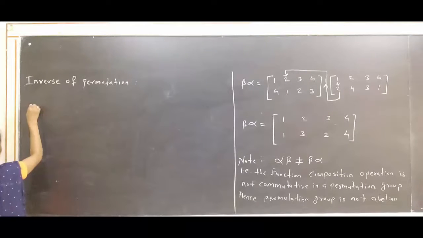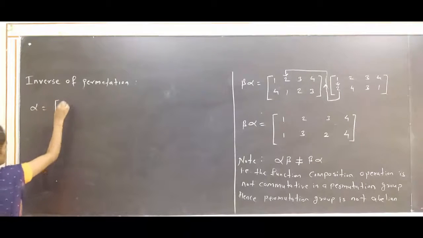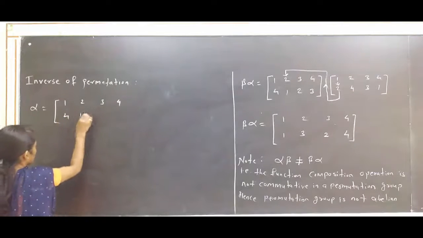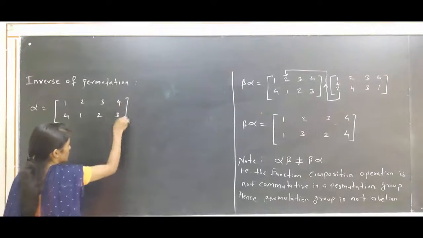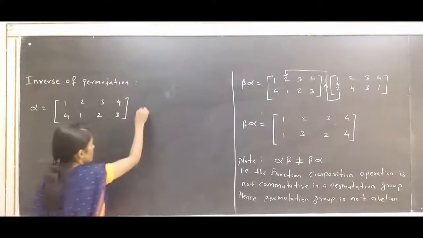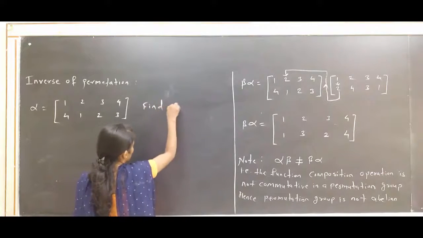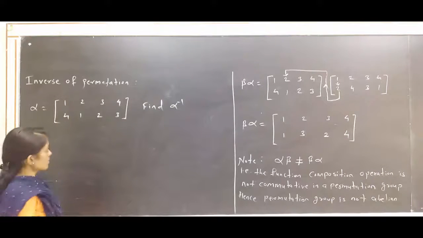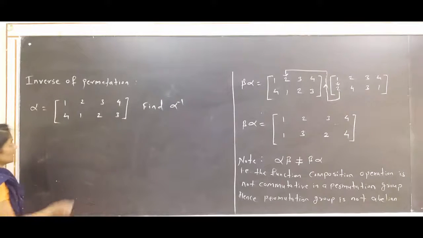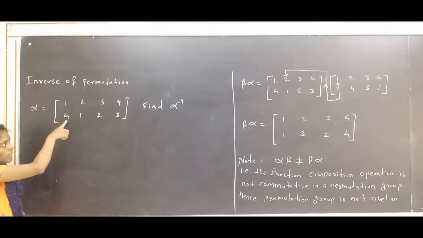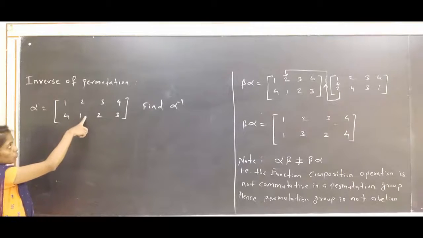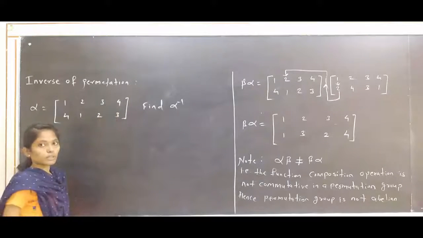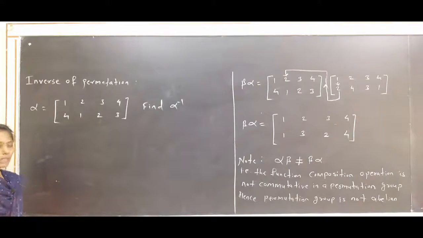So see here, alpha is equal to 1, 2, 3, 4, 4, 1, 2, 3. So this is alpha. Find alpha inverse. So here we want to find the inverse of this permutation. So see here, alpha of 1 is 4, alpha of 2 is 1, alpha of 3 is 2, and alpha of 4 is 3. So here we want to find the inverse.